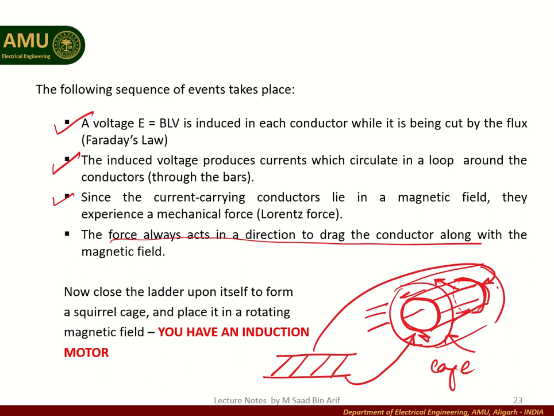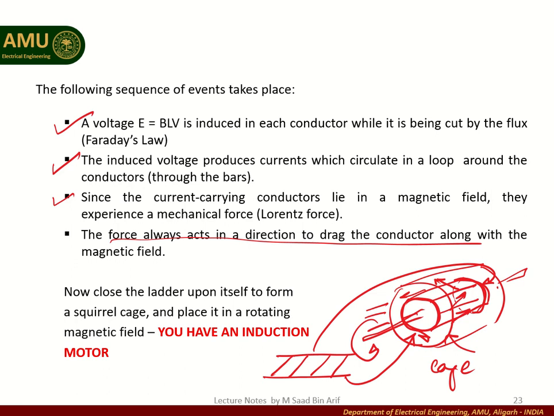The direction of the force will be as per the direction of the magnetic field and current flowing in the conductor. Because of this force, this rotor starts its rotation, and in this way the induction motor will work.